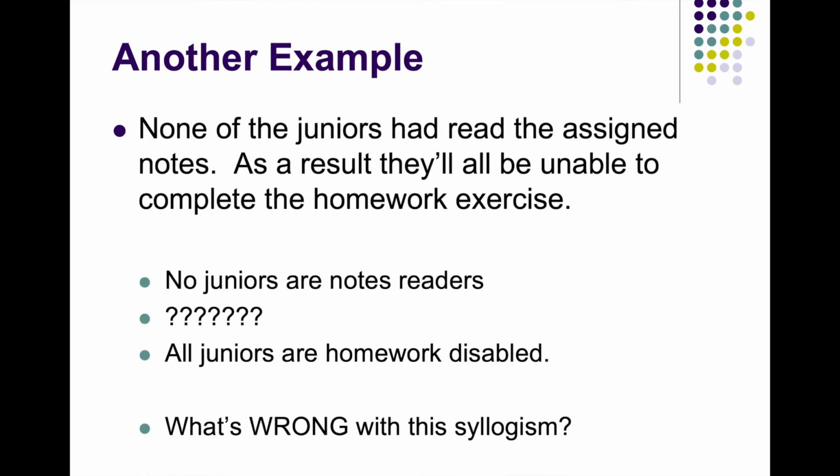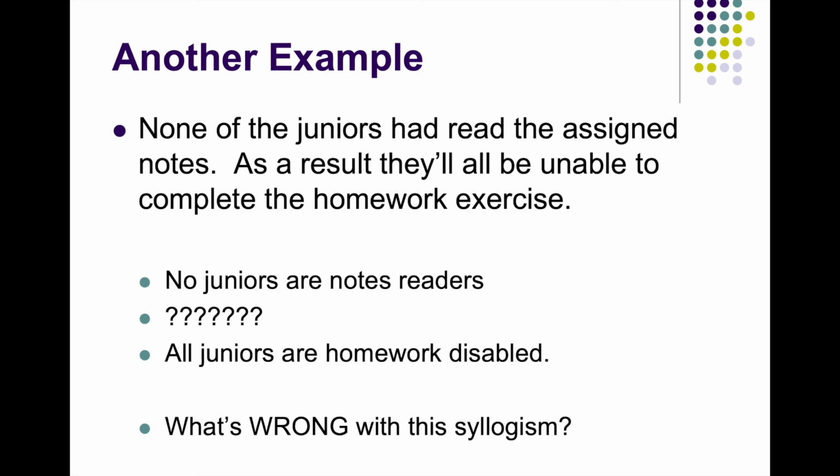That is, they express the same relationship between the categories represented by the terms. So here's another example. None of the juniors had read the assigned notes. As a result, they'll all be unable to complete the homework exercise. So we would translate that. Here we have two sentences, but we'll make them into two statements. None of the juniors had read the assigned notes. As a result, and there's the argument indicator, they'll all be unable to complete the homework exercise.